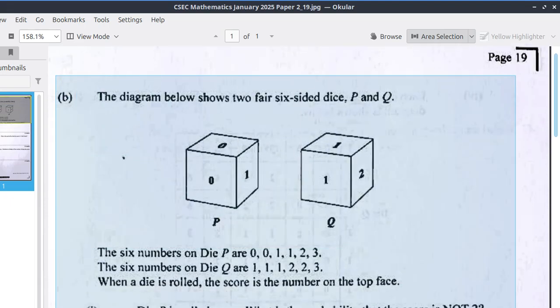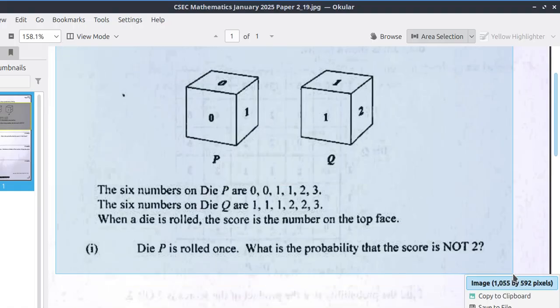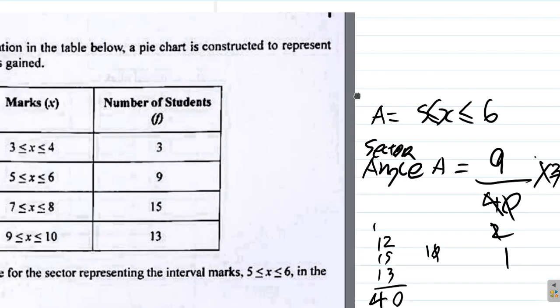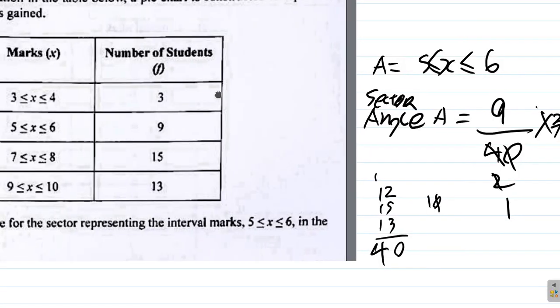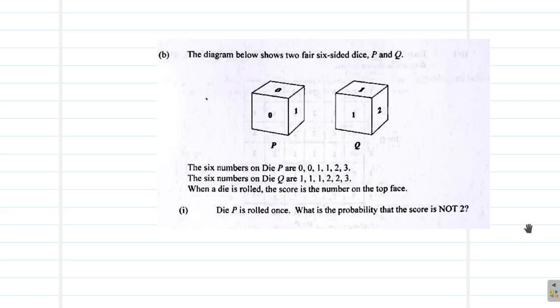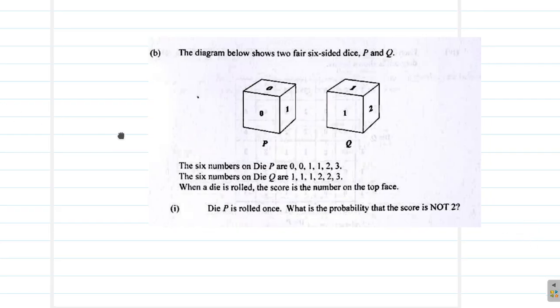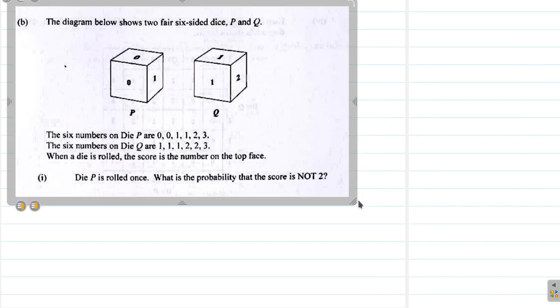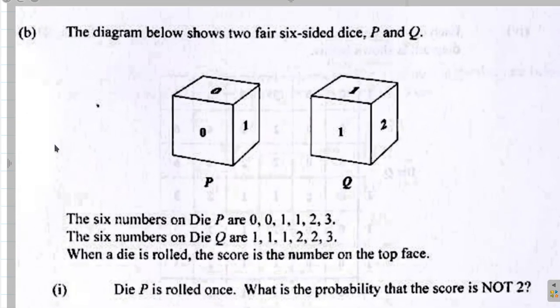Now, let me just copy this and paste it over here. This is from what we were doing before. Just erase the board and paste the thing that I have here. Now, we're going to work this out.